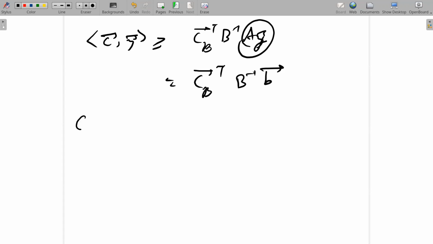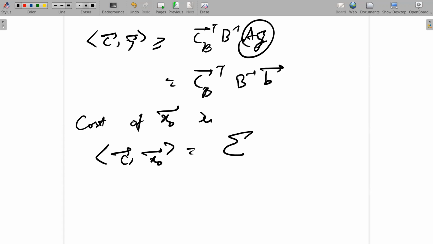Now what is the cost of X naught? The cost of X naught is C dot X naught, which is equal to summation i equals 1 to m of C_Bi times x_i naught.